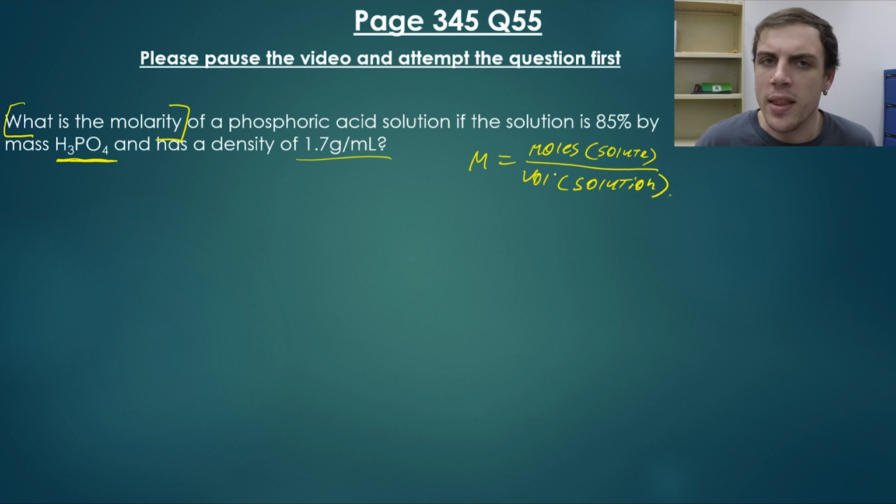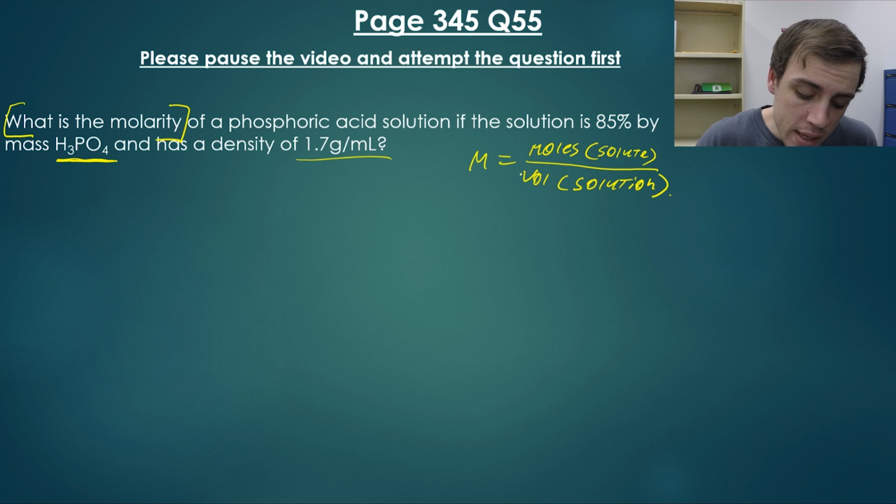We haven't really been given anything, but we have been given the density. So we know that the density of the solution is 1.7 grams per mil. What we can do is multiply that by 1,000.